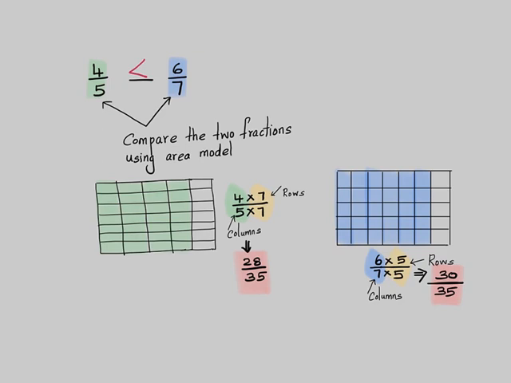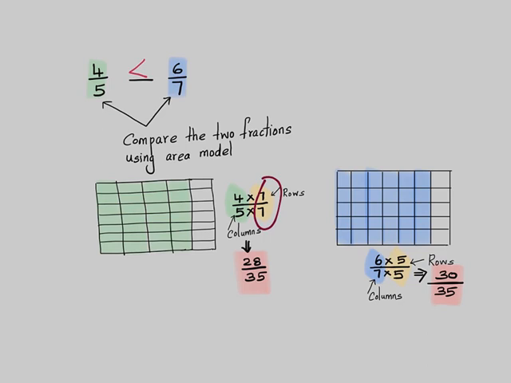So here is an area model that shows how to make equivalent fractions. For 4/5, I have drawn 4 columns. 1, 2, 3, 4. I've colored 4 columns, but the total number of columns is 5, to represent 4/5. After that, to make it into an equivalent fraction, we are multiplying by 7, right?